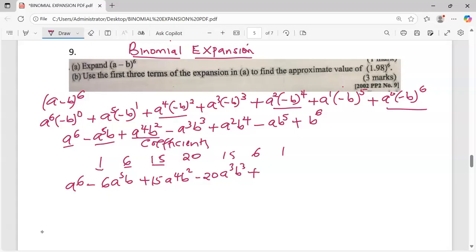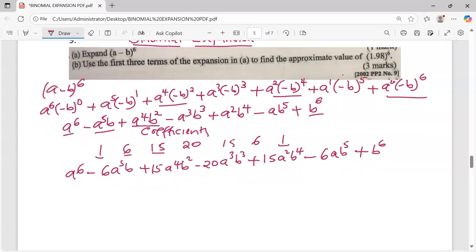Next we have a plus 15 a squared b power 4. Next we have a minus 6 a b power 5, and lastly plus 1 times b power 6 will give us b power 6. And at this point the expansion is complete. Once we have done part A of the question, we move to B.